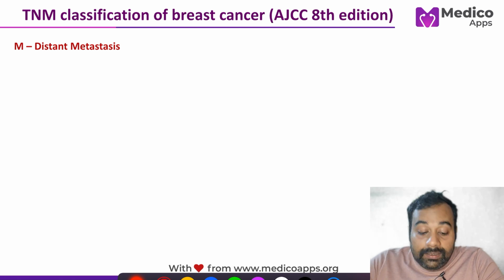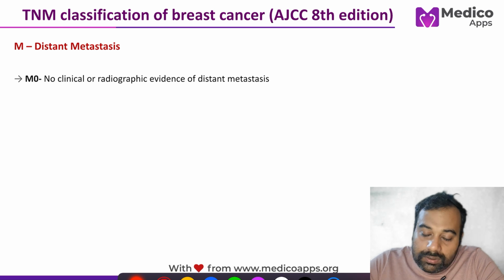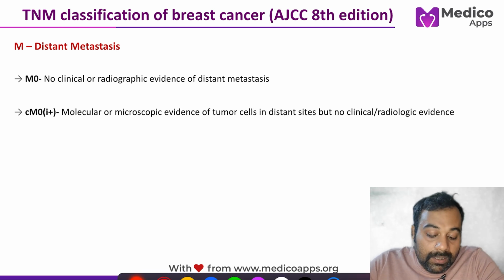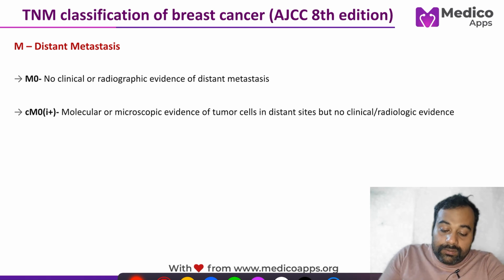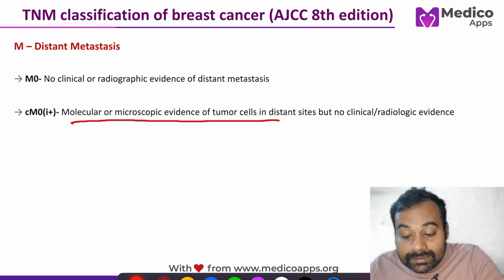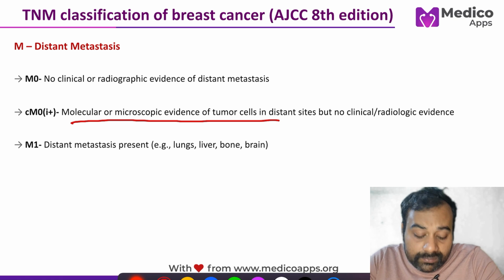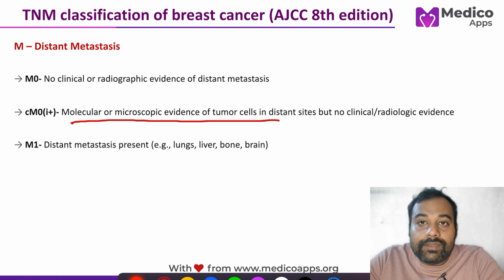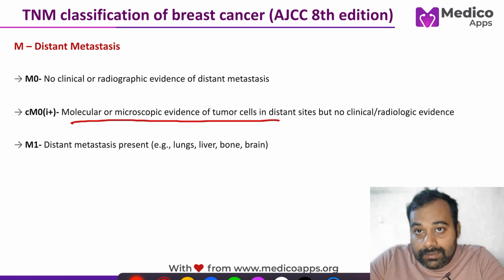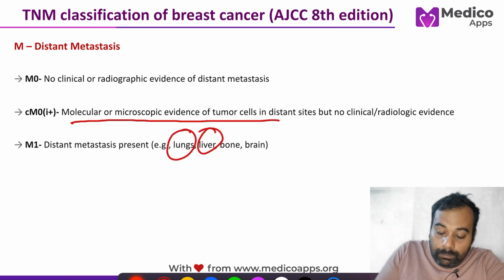Then we have distant metastasis. M0 means no clinical or radiological evidence of metastasis. cM0(i+) is molecular or microscopic evidence of tumor cells in distant sites, but no clinical, histological or radiological evidence. M1 means distant metastasis is present: lungs, liver, bone and brain.